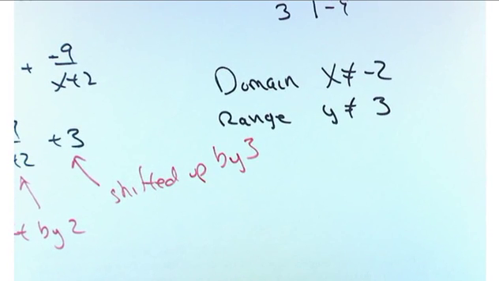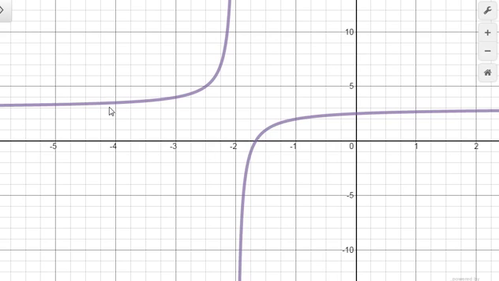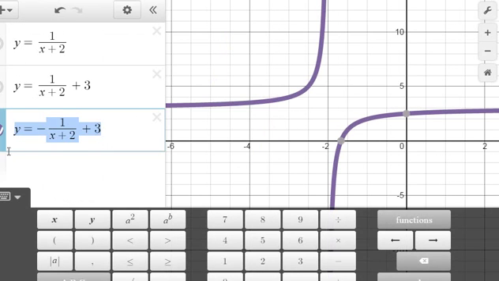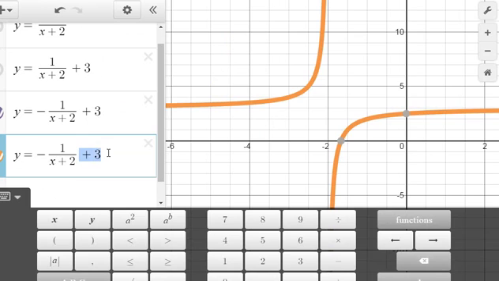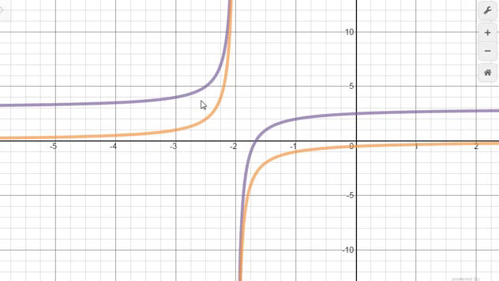Well, let's take a look at the graph here. It comes close to this line. Let's look back at this graph. The line that it got close to before I shifted it vertically was y equals 0, right?